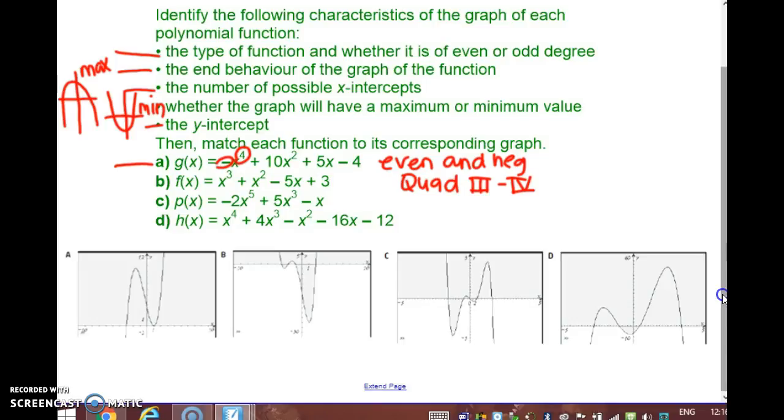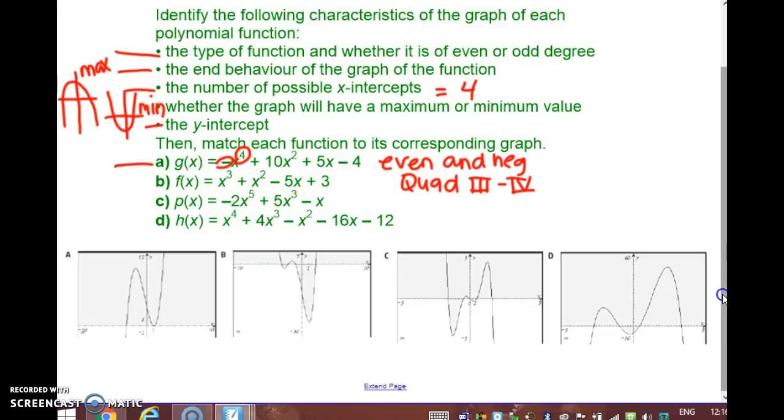So it has an even degree and a negative leading coefficient. This is the end behavior, quadrant 3 to quadrant 4. The number of possible x-intercepts, since we have a degree of 4, would be 4.